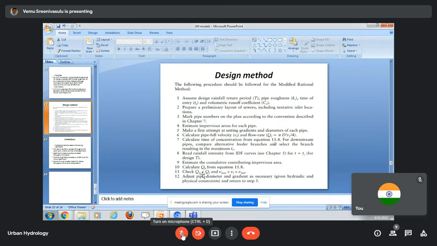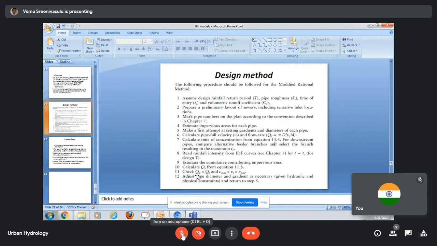You can calculate the maximum carrying capacity of that pipe, that is the discharge, and for that subcatchment area you calculate the Q and check that. Okay, if you check it, it will be fine. So it is very interesting and very useful also.